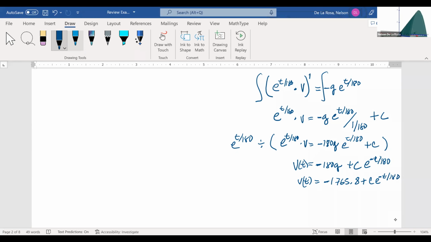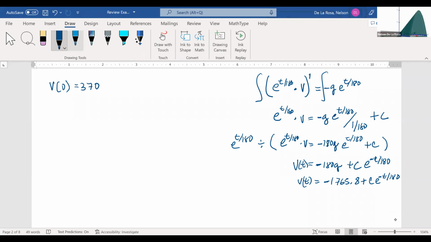And then now we can apply the first condition we came up with at the beginning of the problem, setting up the conditions: velocity at 0 is equal to 370.